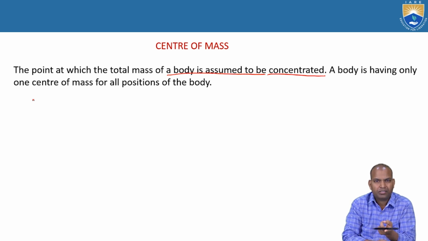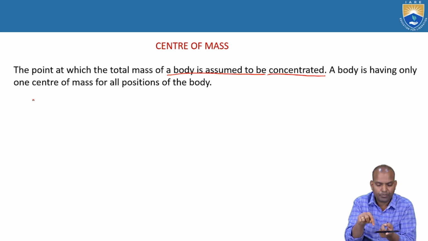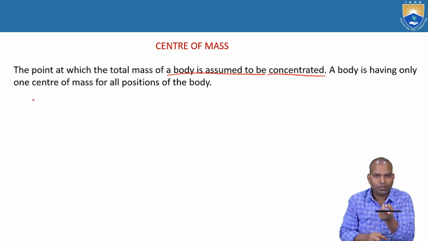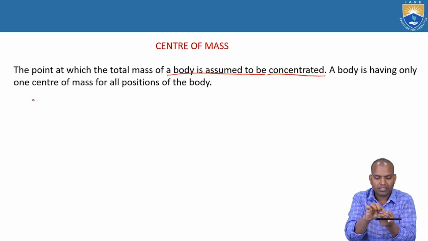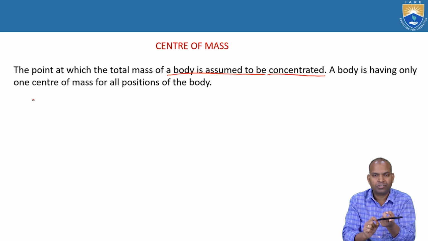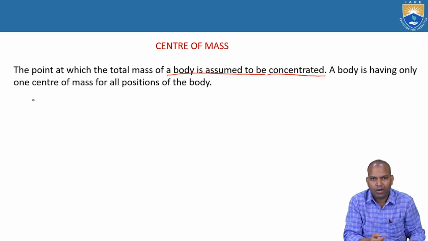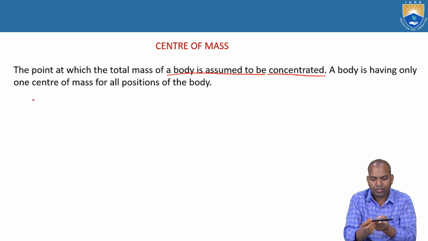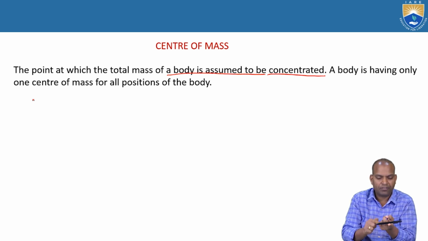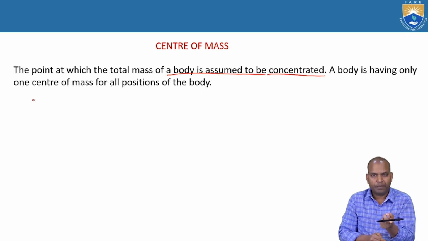It is completely balanced because the support is at the centroid, the center of gravity G of the body. If the support is not at the centroid of the body, it becomes unbalanced, and it falls down.